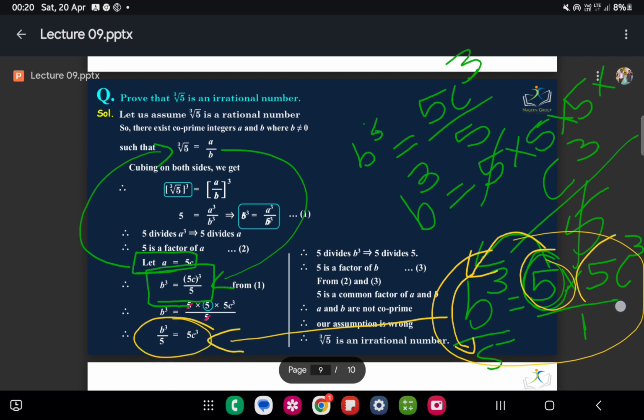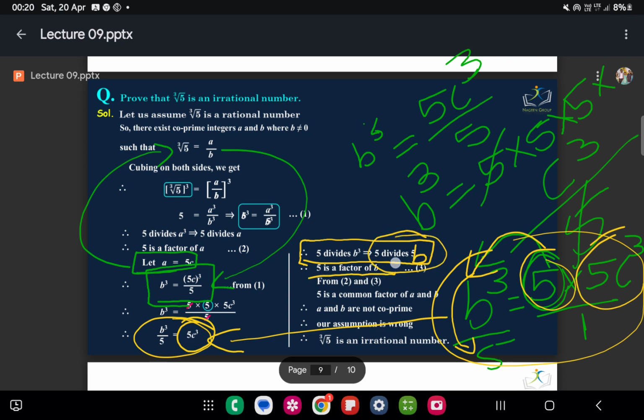What is remaining is 5c cube. Then we can say that b cube is divisible by 5. So 5 divides b cube, then 5 divides b.